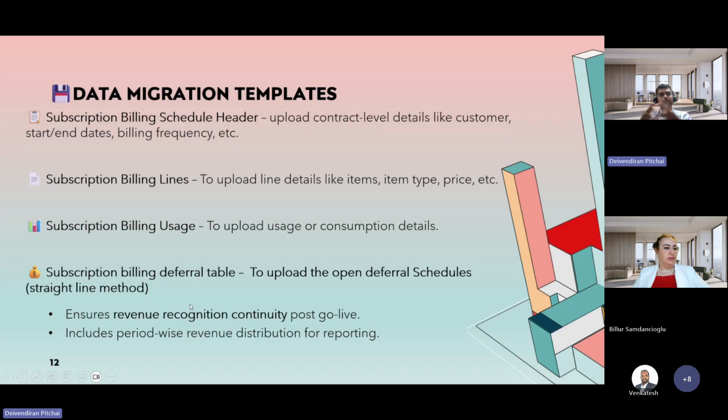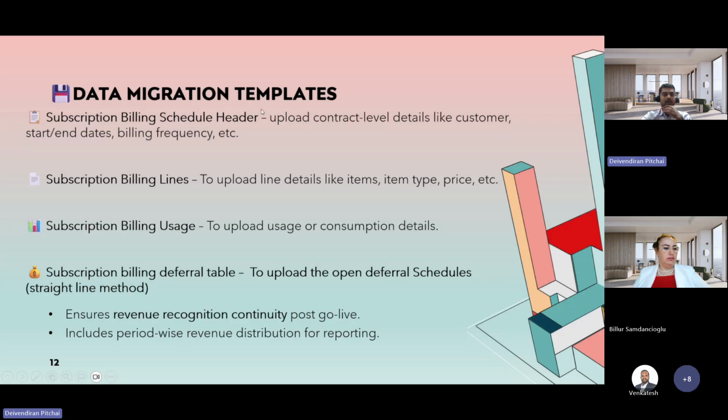And the last one is the most important. As I told you before, every month end, whenever you are generating the invoice, the system will automatically create your subscription billing deferral schedule. But for the opening deferral schedule, to continue your revenue recognition process, you have to migrate from your legacy system into D365.